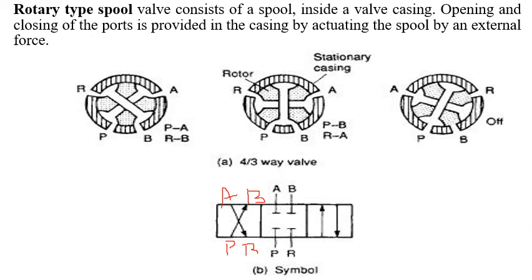This is happening in which diagram? Look at the second diagram. P is connected to B like this, and A is connected like this. This condition is satisfied.